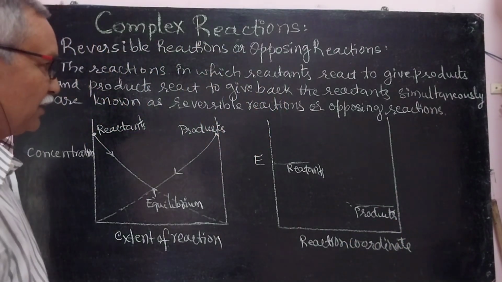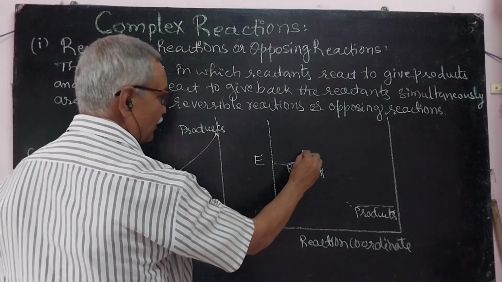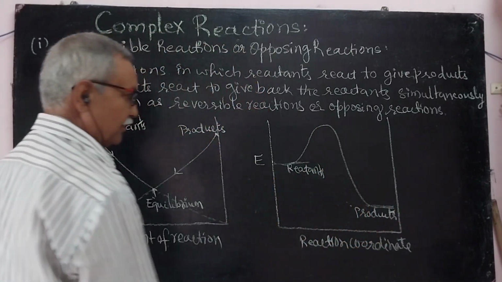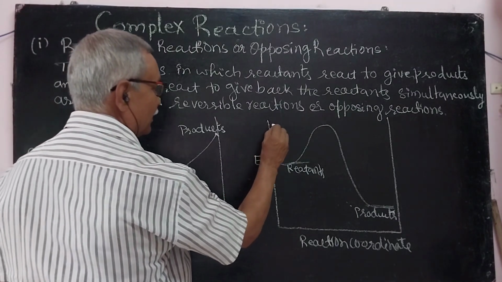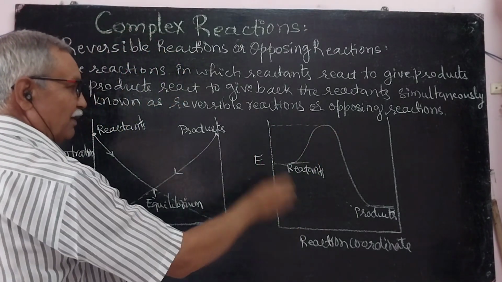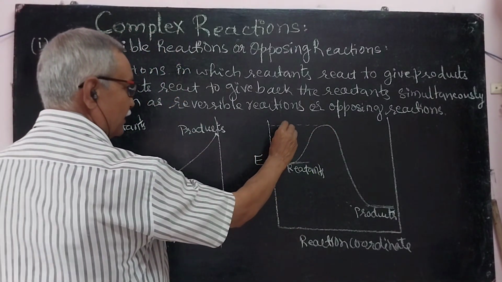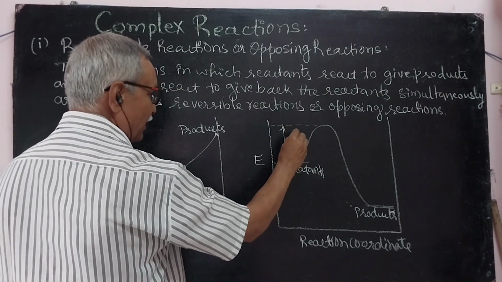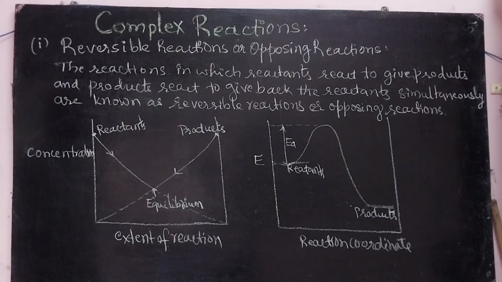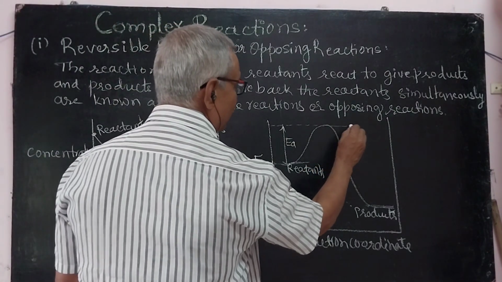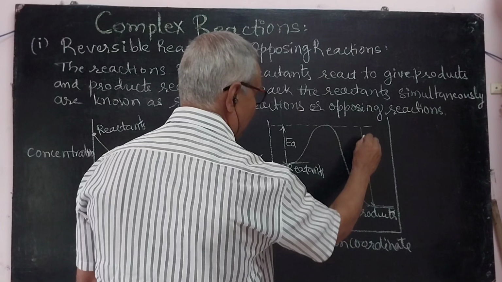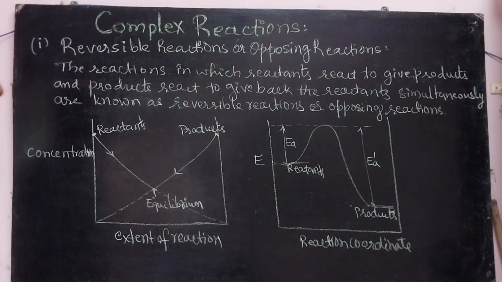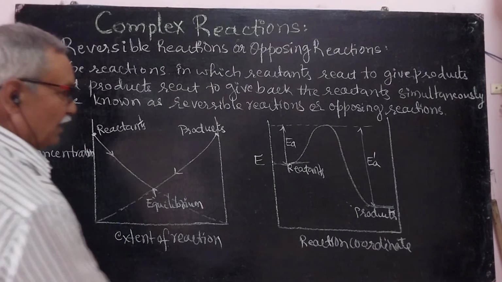To transfer the products into reactants, they have to cross an energy barrier in this way. If it is the maximum energy, this is the energy of activation of forward reaction, whereas this much is the energy of activation of backward reaction, A dash.